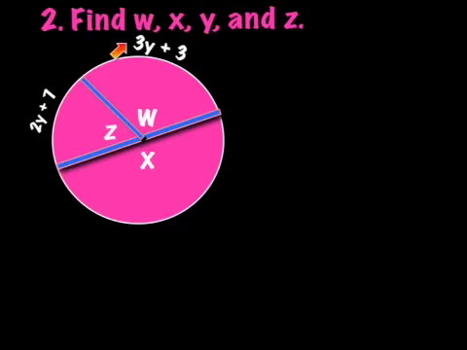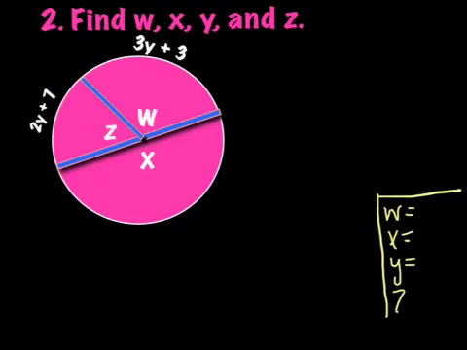Okay, now we have to find w, x, y, and z. So let's put a spot for all those answers over here. W, x, y, and z. Okay, well, let's look for x first. Take a look at this right here.